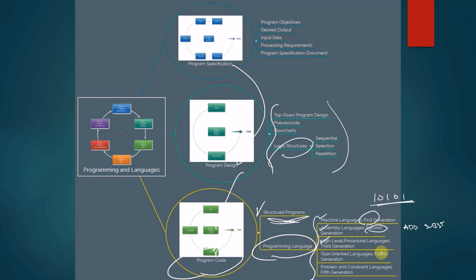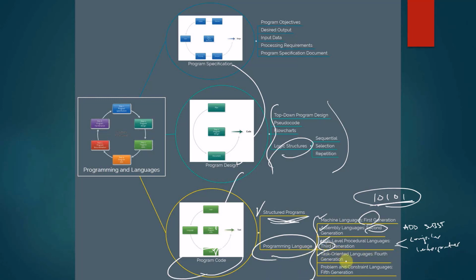Next, we have what's known as high-level procedural languages, third generation languages. These are languages that are closer to what we understand. Because they're English-like, we have to convert them to the ones and zeros that you see here. And therefore, you'll need either what's known as a compiler or an interpreter to do so.